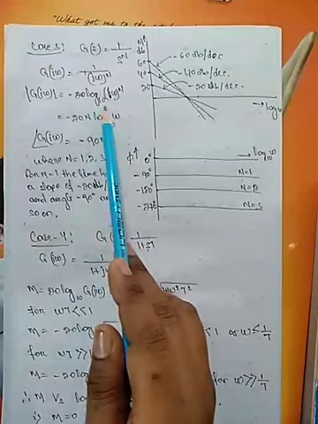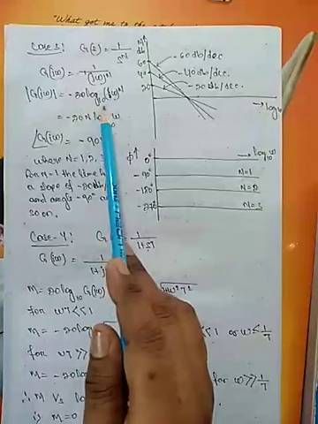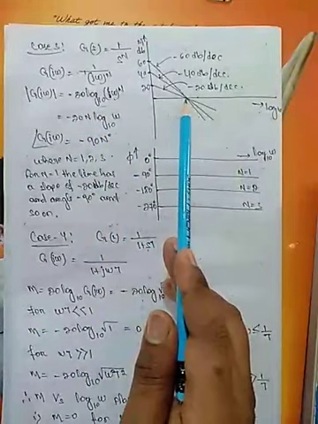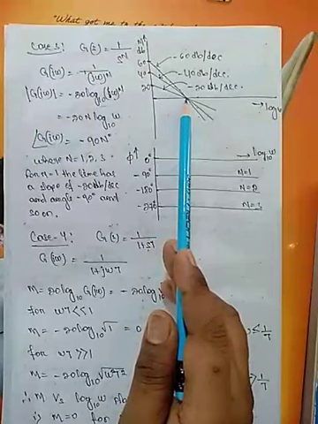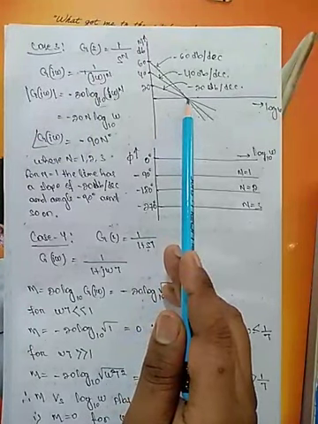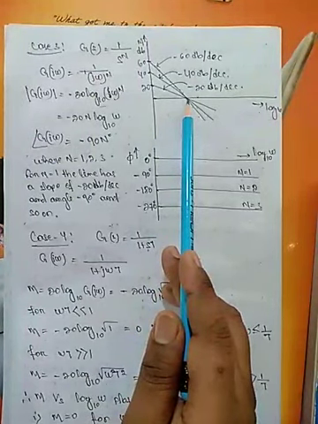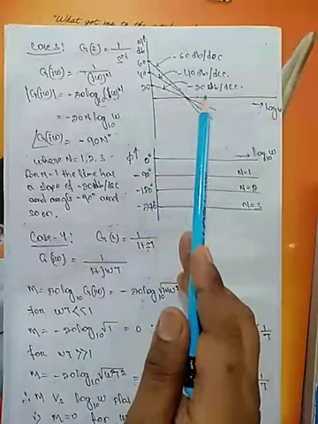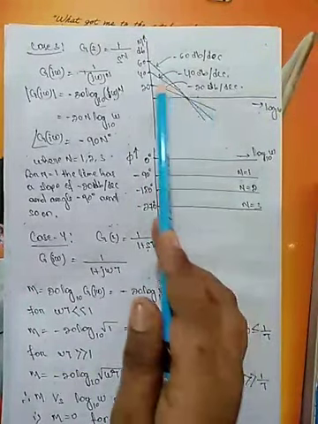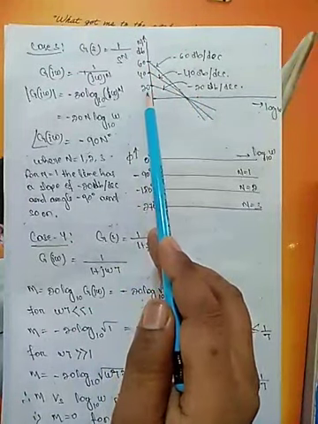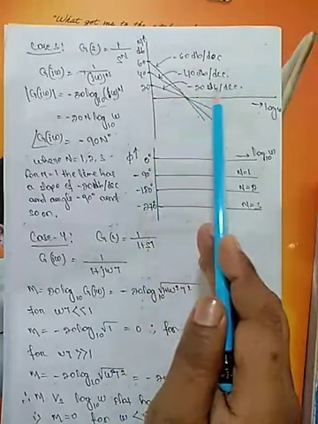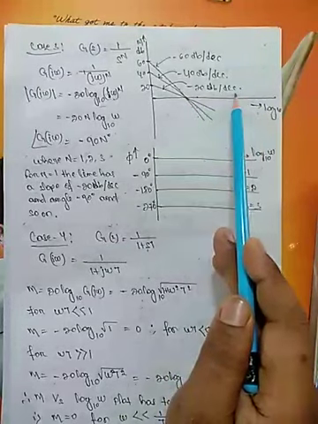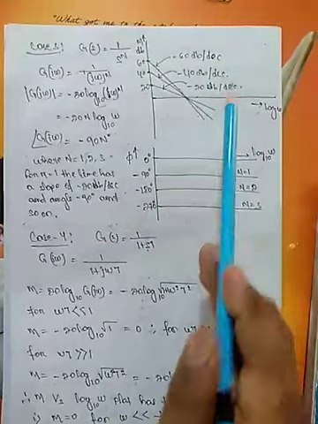I think now you are very clear why I take base 10, because in the logarithmic scale we take 10 division, so it is decade. The magnitude unit is dB, and the slope we take as dB per decade. In the x axis we take 10 division, hence decade, dB per decade. Clear?